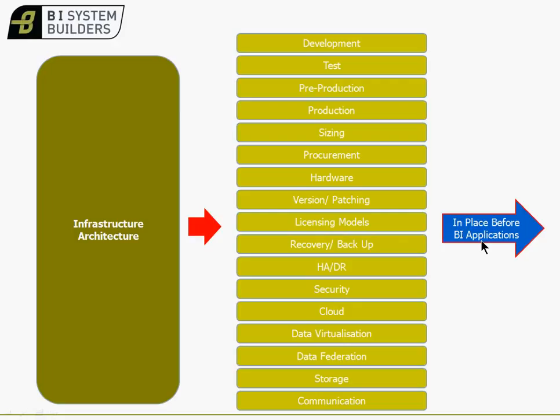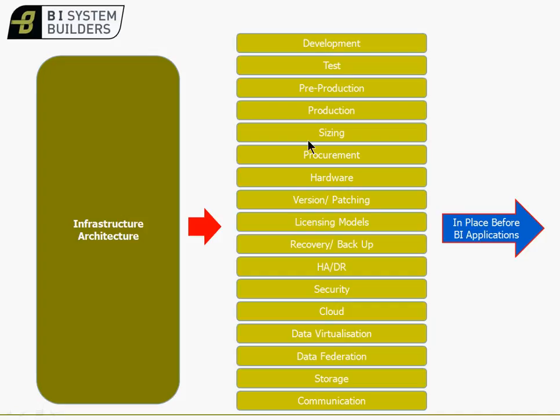Now look at the blue arrow on the right hand side. You have to have your infrastructure in place before you can install your BI applications, and make sure it's the right infrastructure. Now it's quite usual, looking at the green list of components in the middle here, to have 4 environments. You may have sandboxes as well, I know that.